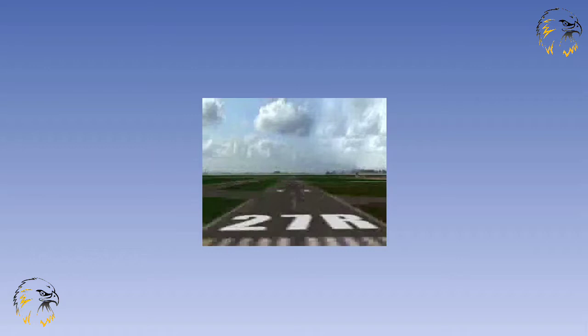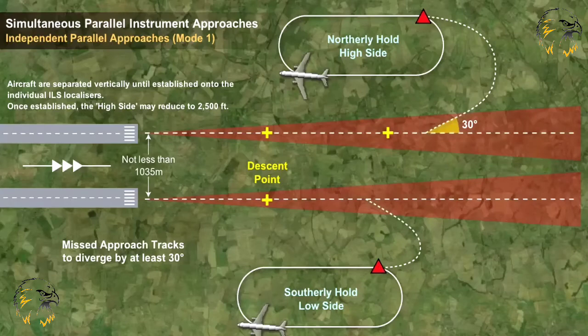There are three main types of operation associated with parallel or near-parallel runways. The first is the simultaneous parallel instrument approach, of which there are two basic modes of operation.